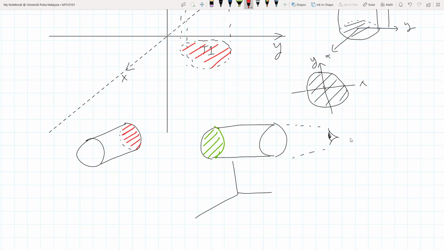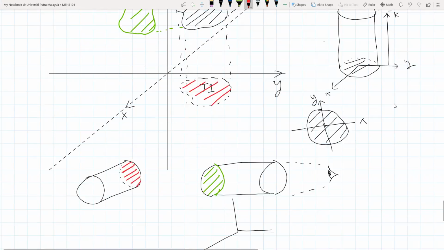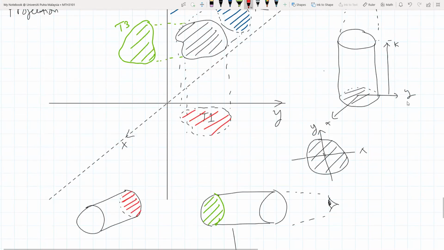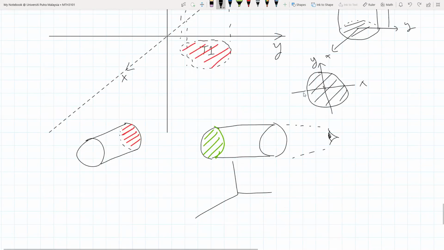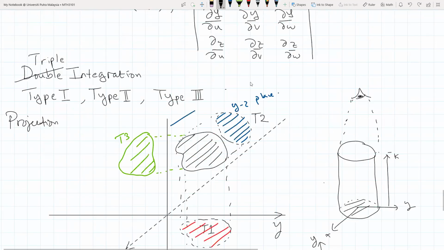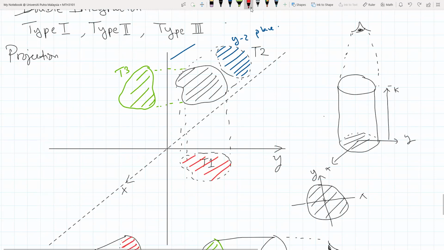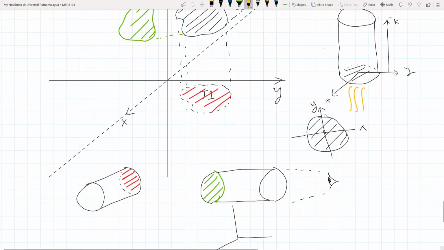Okay, because now this corresponds to your dV. In this case, this is just a double integration. Let's use yellow. So if I want to integrate this triple integral, firstly, I need to evaluate the dA.